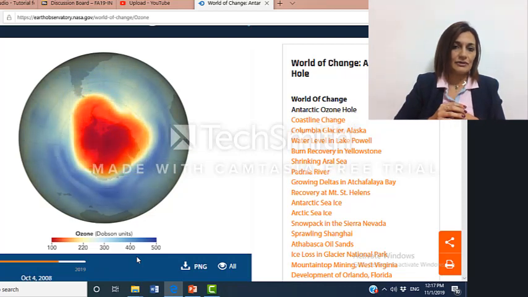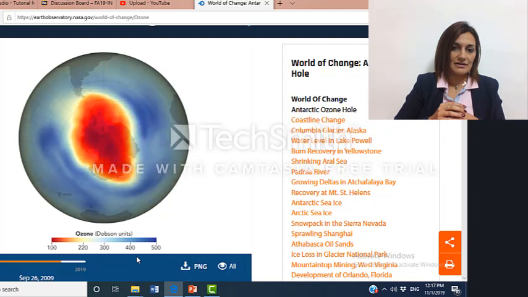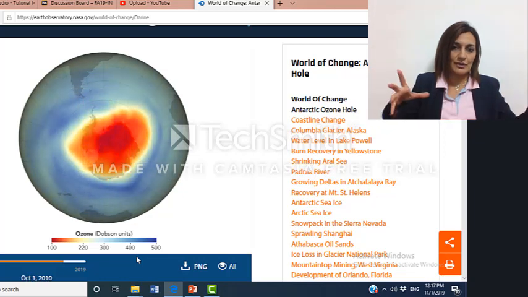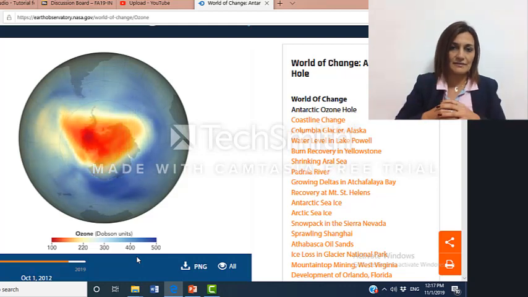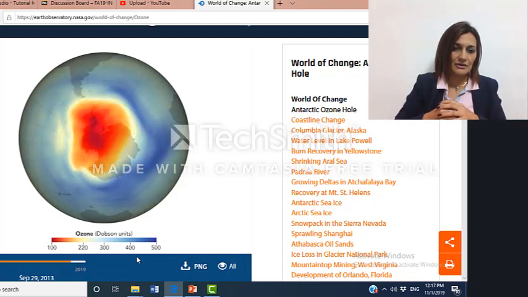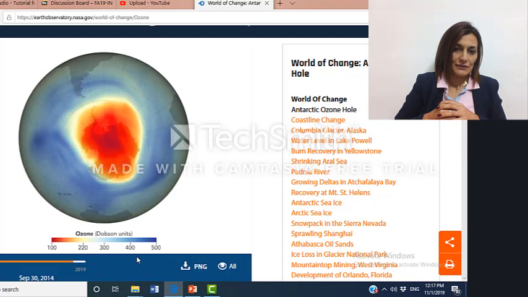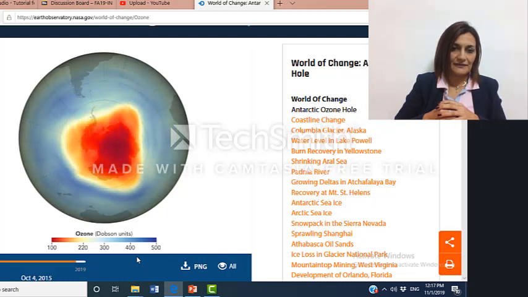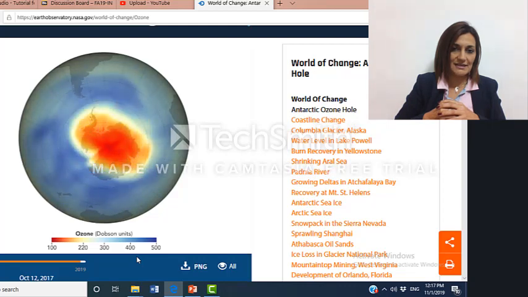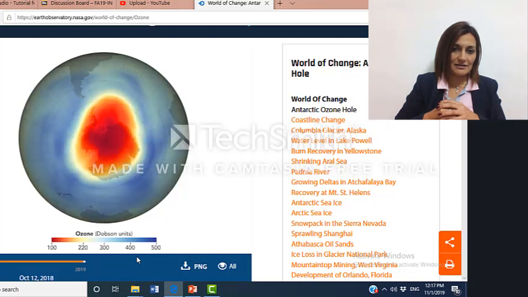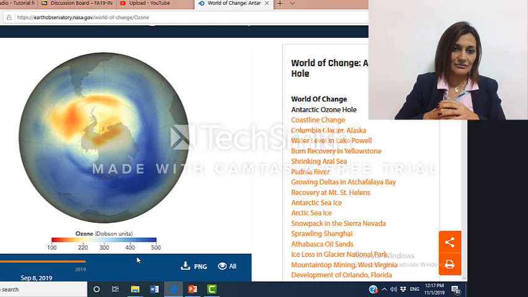What about currently, 2019? It stretches and moves based on the wind currents of the gases and based on the temperature. We are approaching 2014, 15, it's moving, and we reach 17, 19, we are here.